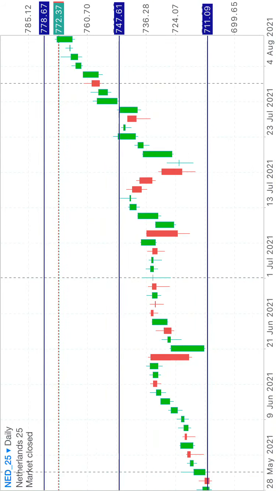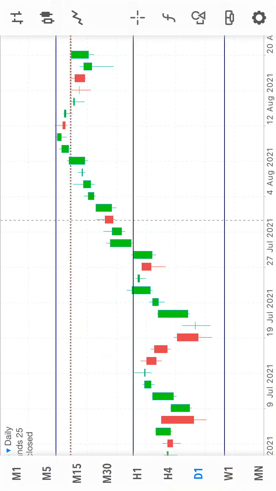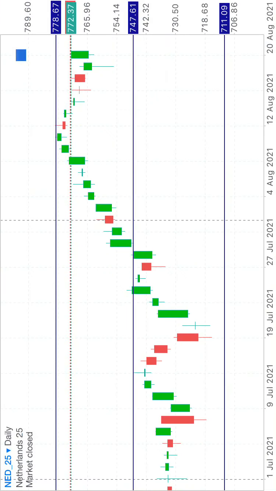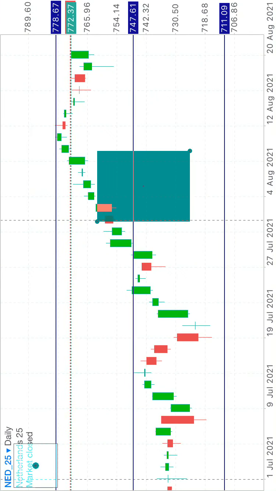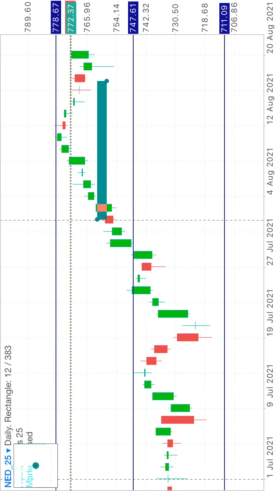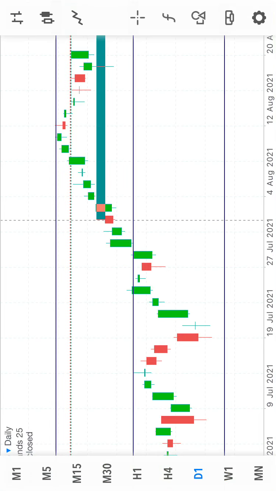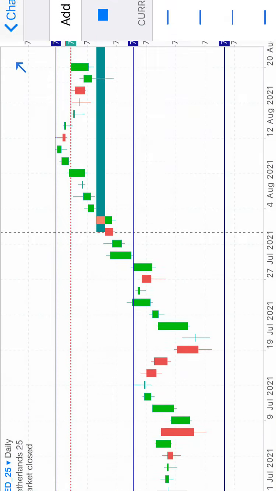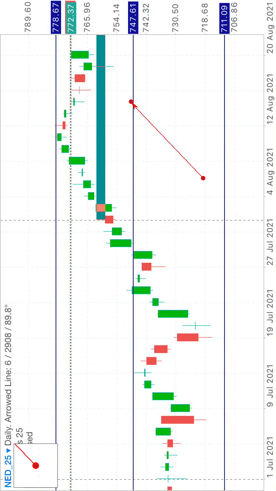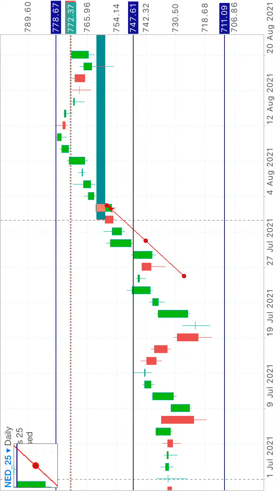Okay, and another thing, if you can check here on Netherlands 25, we're having this order block on daily. This was the daily bullish order block.